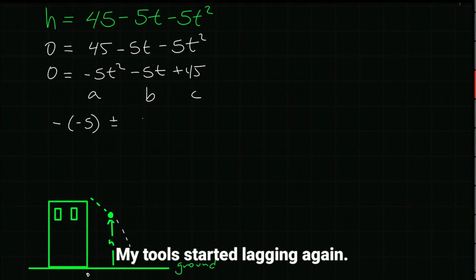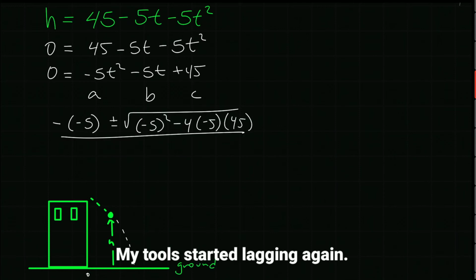I'm going to simplify everything under the radical and everything in the numerator as much as I can. I have negative 5 squared, that's 25, and then I have 4 times 45 times 5.